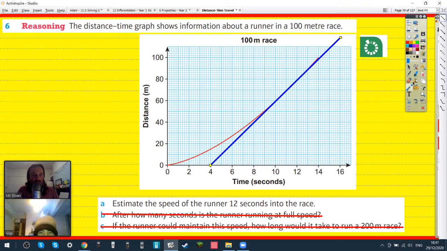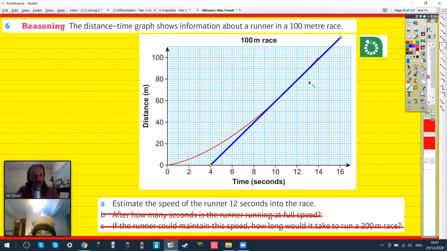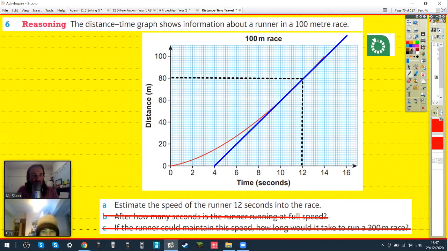So what does that look like? Would it be a 10? Not sure. It went up by 80 and it went right. Yeah, you're right. 80 over 8. 10 unit. 10 meters per second.